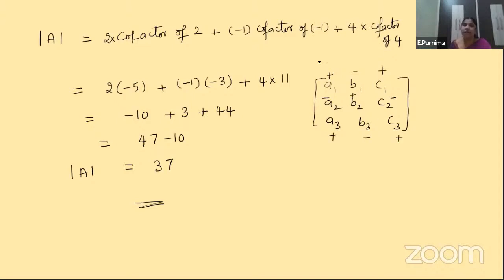So instead of multiplying by plus or minus 1 and the cofactor every time, directly we can write A1 into capital A1 minus B1 into capital B1 plus C1 into capital C1. This minus sign is in front of the cofactor.